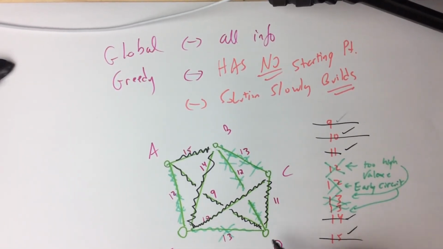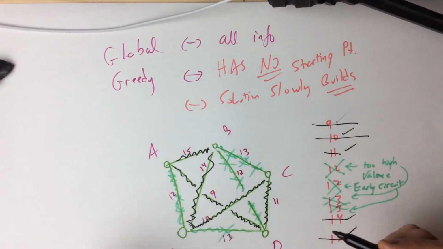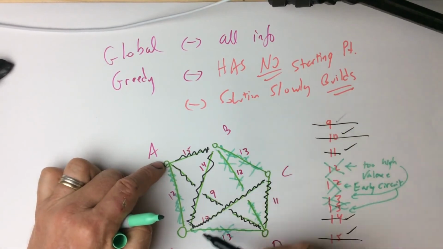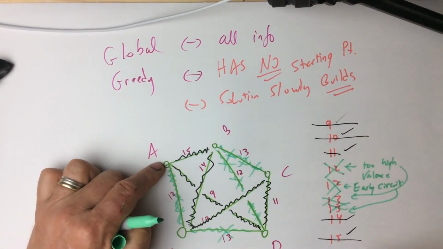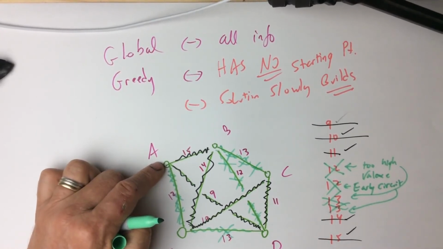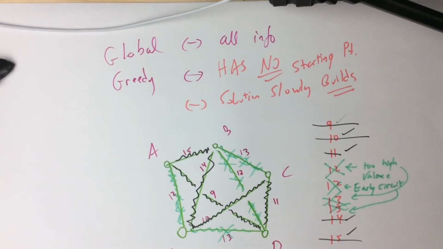And there's our circuit. It goes like wherever you like to start. Let's start at A. Let's go A, B, E, C, D, A, and we got home.